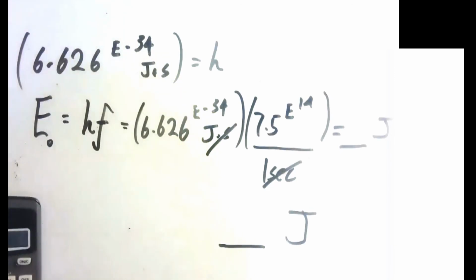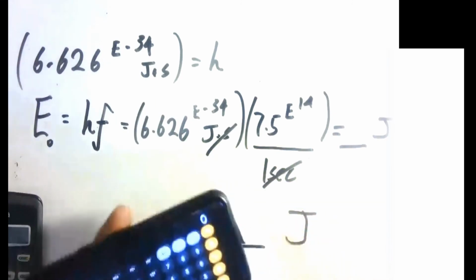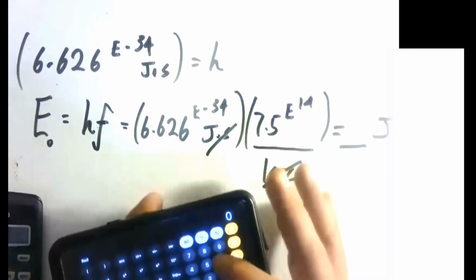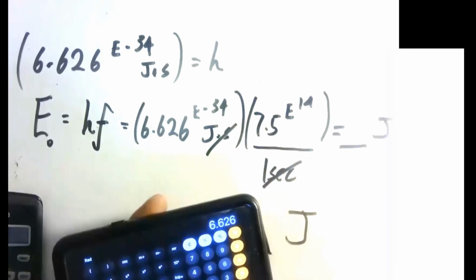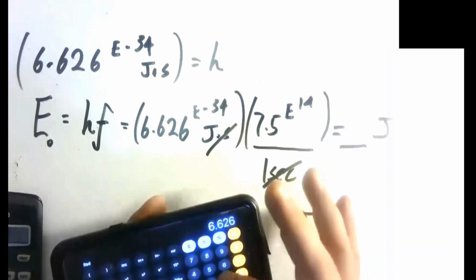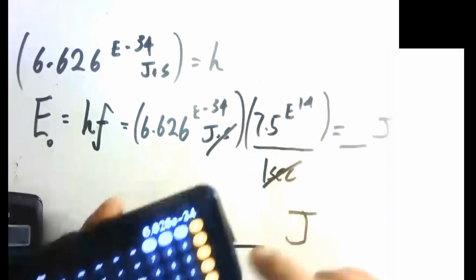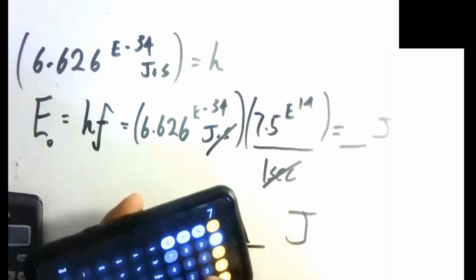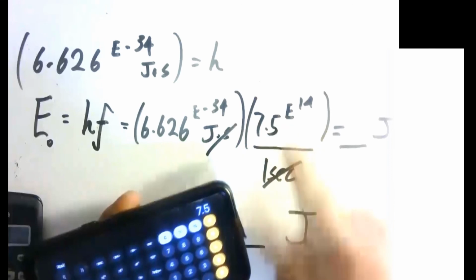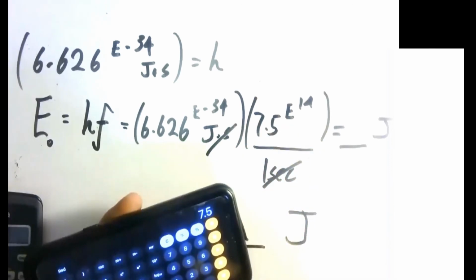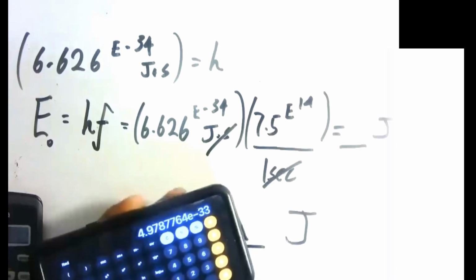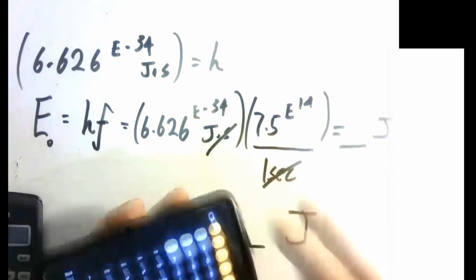We're going to do the same piece of math here with our calculator app. 6.626 E 34, flip the sign, times 7.5 E 14. And I made a mistake, so we'll have to do that again.